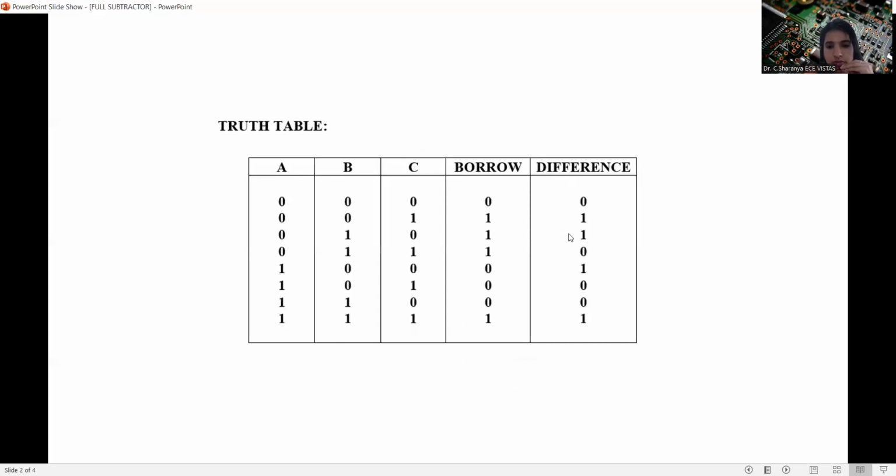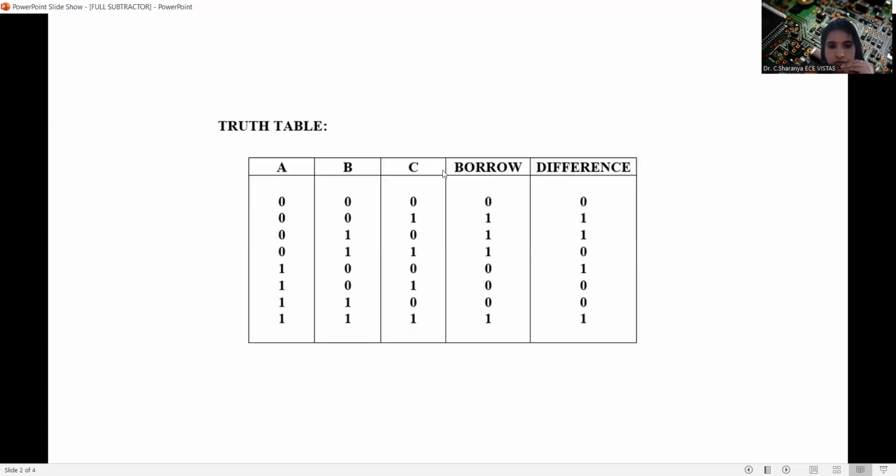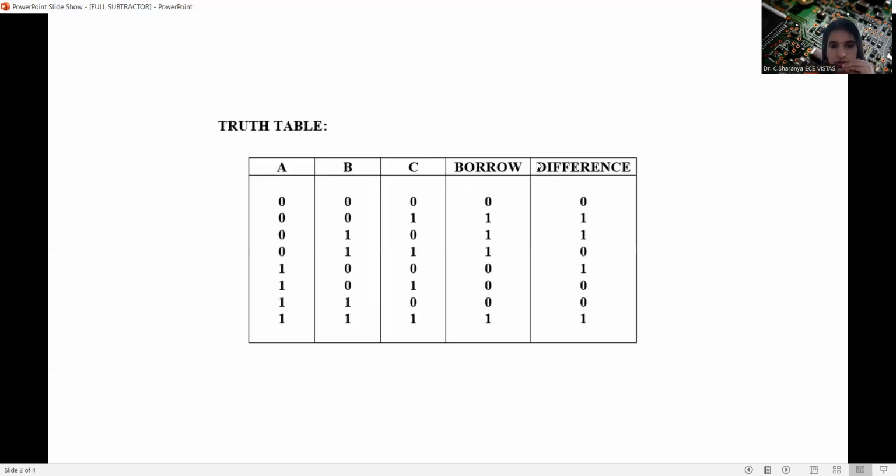So first we will check where we have 1 for difference. When A is 0 and B and C are 0 and 1, so this part. Next, when A is 0, B and C are 1 and 0, the difference is 1. Okay, so a 1 here.